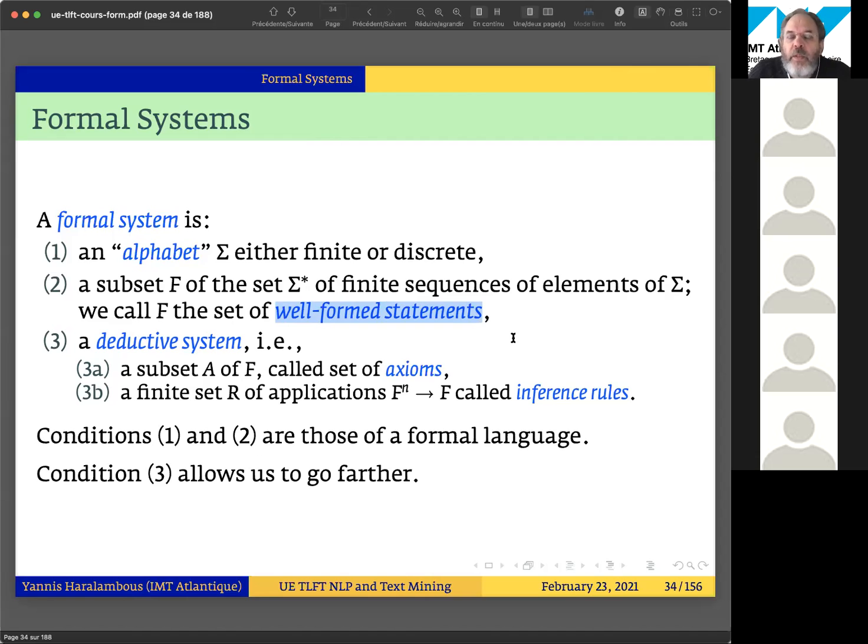So well-formed statements are, in this example, formulas written correctly. Now, you know that in mathematics, you have axioms, and inference rules are the rules you use every time you take a formula and write the formula implies this other formula. By using implications out of your axioms, you obtain new formulas, and these are called theorems.